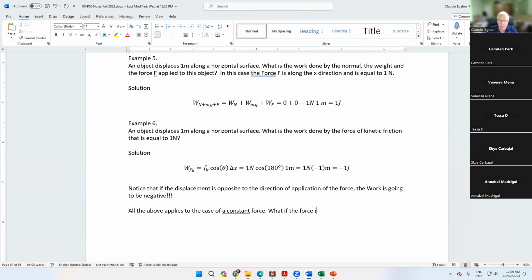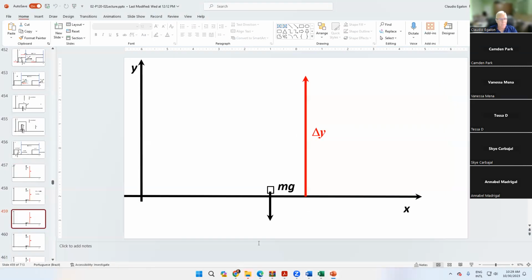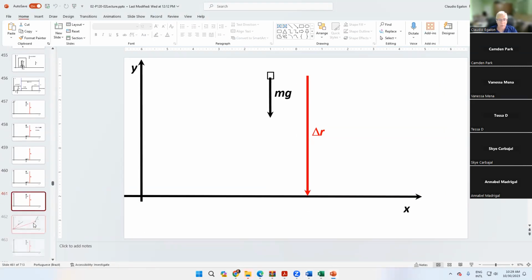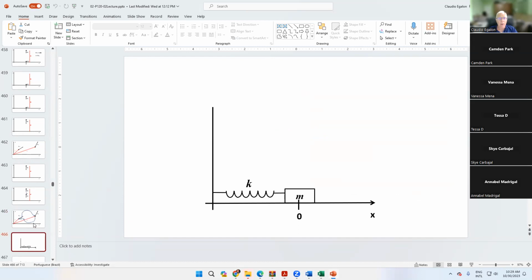What if the force is not constant, but changes with displacement? Let's see if I have an example here. Oh yeah, here you go. Here's an example of a force that changes with the displacement. It's the case of a spring.